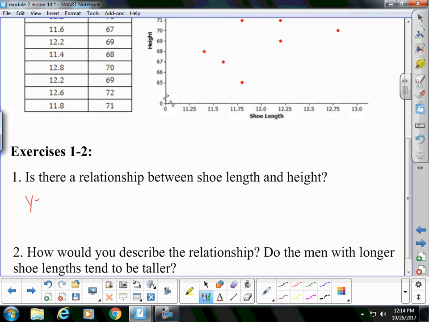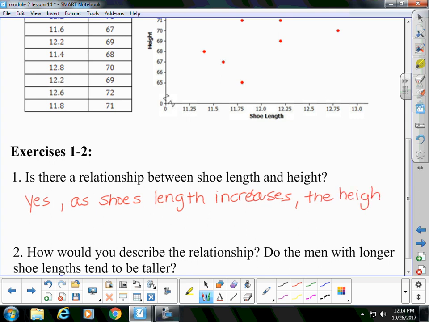So I'm looking at it and I'm saying yes, as the shoe length increases or gets bigger, the height gets taller.